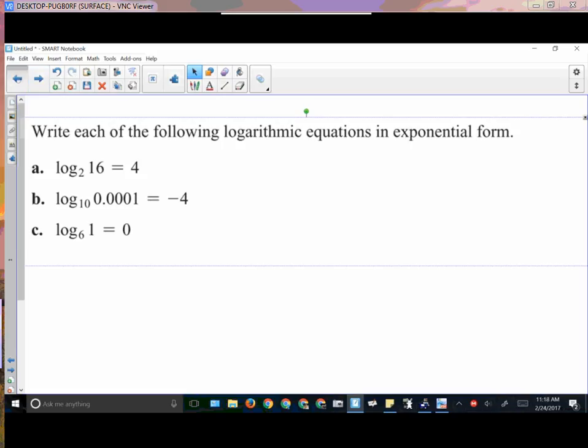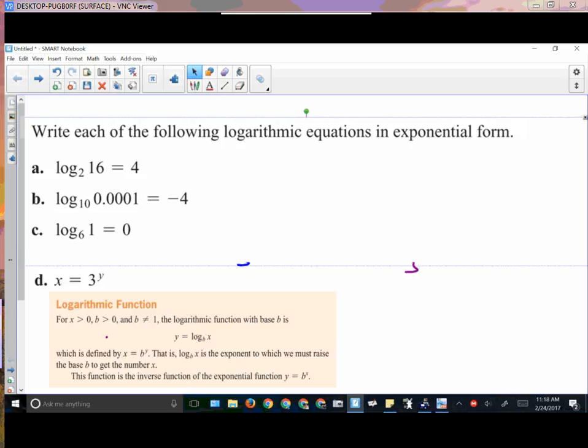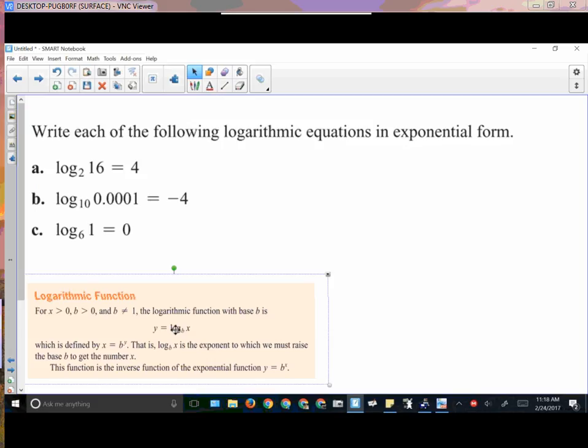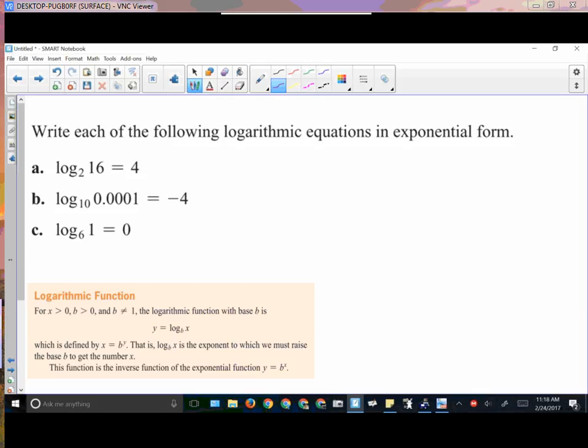That did not work the way I wanted it to. So now I've got the logarithm and I want to go back to it. So I've got log. This is the b, this is x, and that is y. So that means 2 to the 4th power is equal to 16.